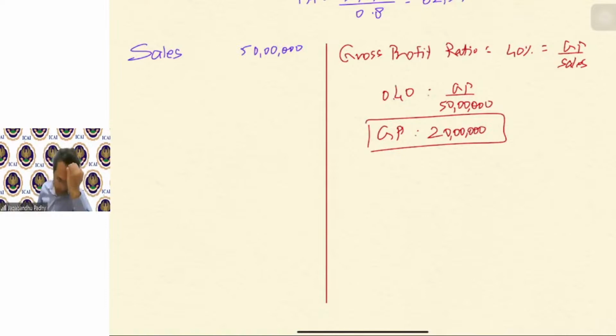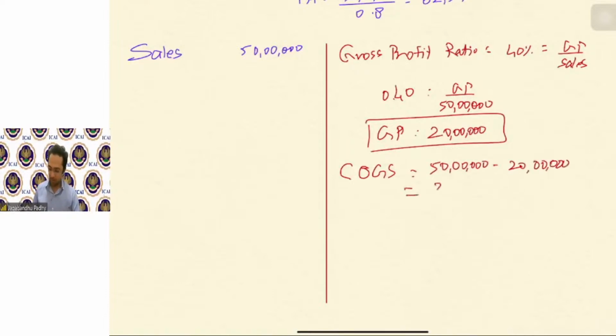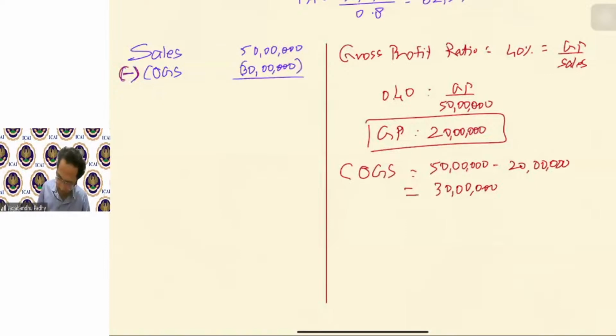If your gross profit is 20 lakh, of course, your COGS, cost of goods sold, will be 50 lakh minus the gross profit of 20 lakh, which should be 30 lakhs. So from sales, we subtract COGS 30 lakh, which gives you a gross profit of 20 lakhs.